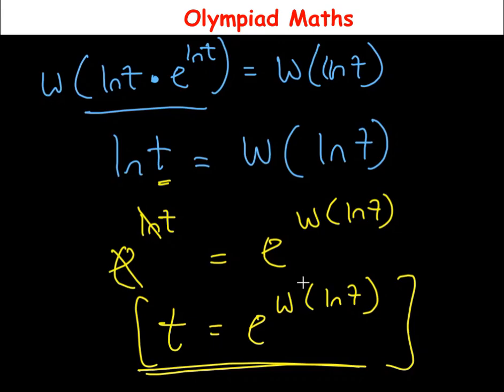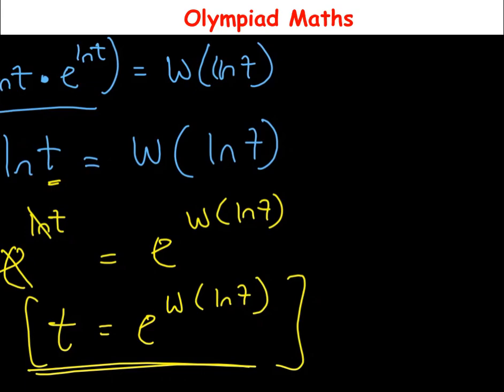Okay, good. Now, to actually get the value in number for the value of t, what you will do is press in your calculator, you will press e, then you might not probably see W in your calculator, but instead you will see product log. So you press e to the power of product log, then you press ln 7.